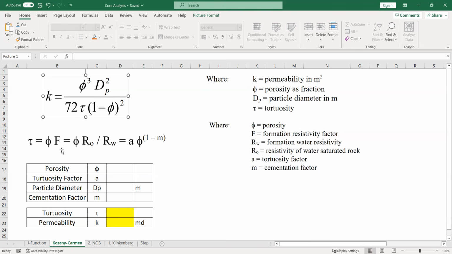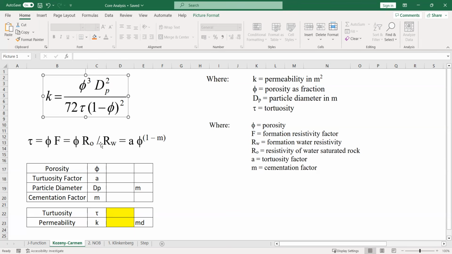And the tortuosity is the porosity multiplied by F. F is the formation resistivity factor, and you can expand F to be Ro divided by Rw, where Ro is the resistivity of water saturated rock, whereas Rw is the formation water resistivity, all right?